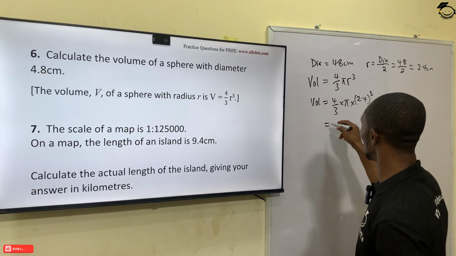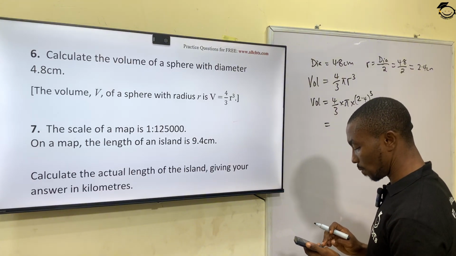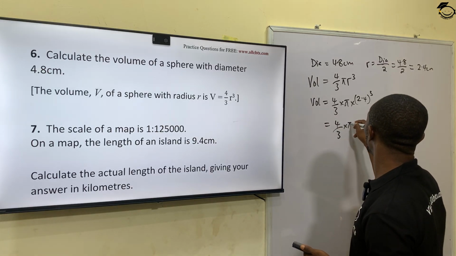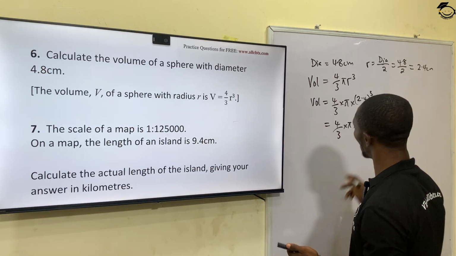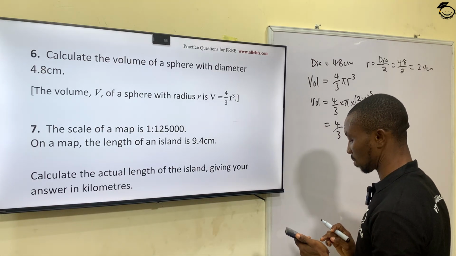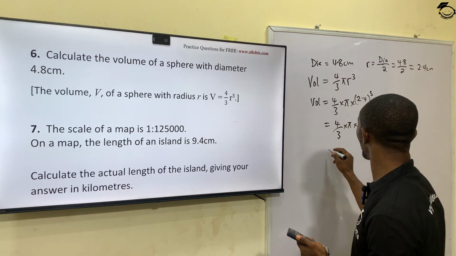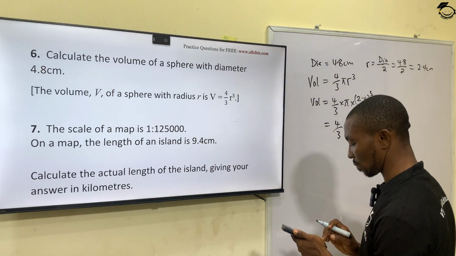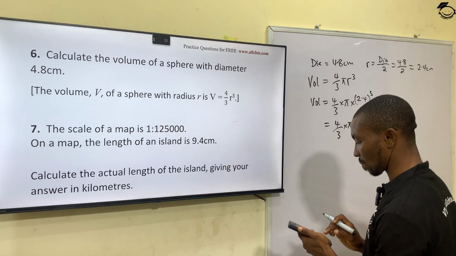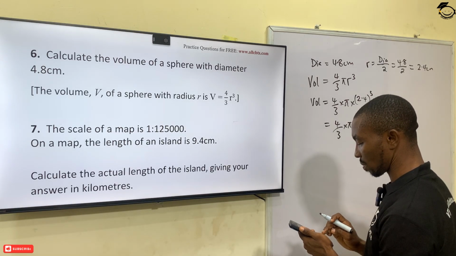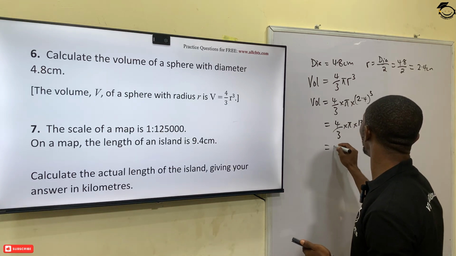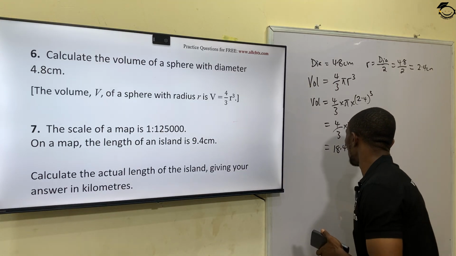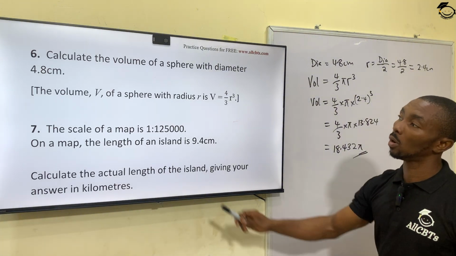So this we have as 2.4 cubed, 18.432 pi as our answer. That will be the volume of the sphere.